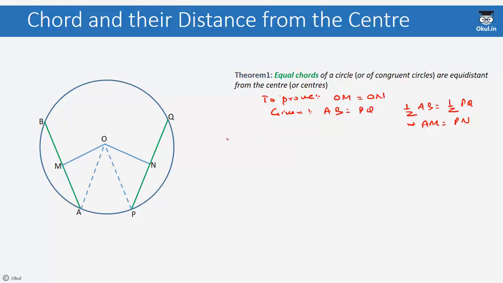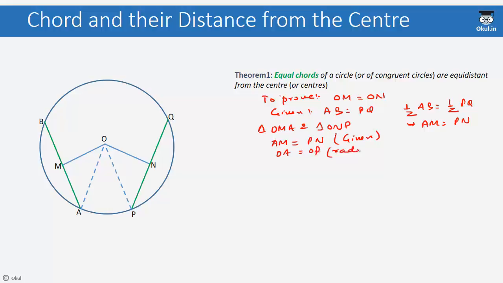We'll be drawing these two lines in order to get the triangles OMA and ONP. In the given triangles OMA and ONP, we have AM equal to PN, as we have just proved, and OA equal to OP, as they are the radii of the circle.